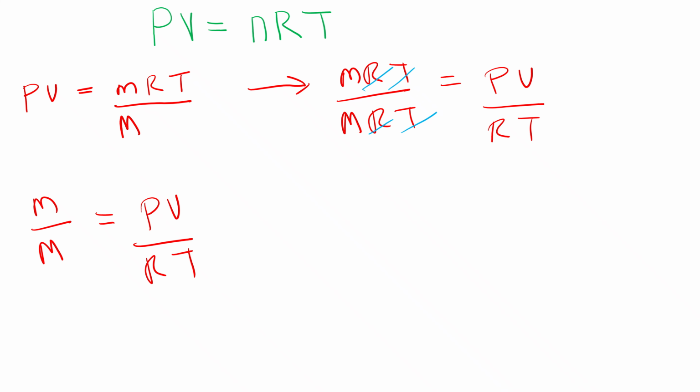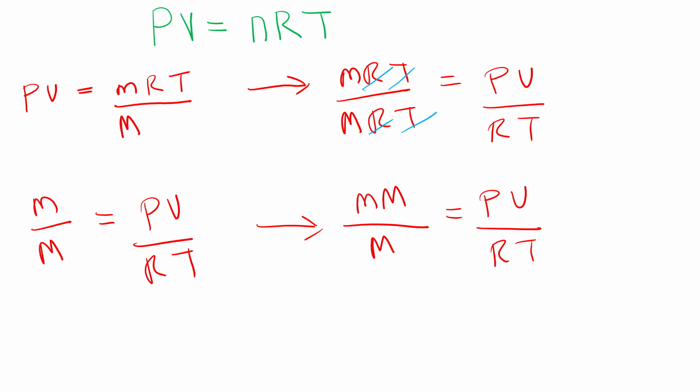Now all we need to do is cancel out the molar mass on the left-hand side of the equation. And to do that, because we divide by the molar mass in this version of the equation, to cancel out we must multiply by the molar mass. So lowercase m times capital M over capital M equals P times V over R and T. We can cancel out the molar mass on the left-hand side of the equation, like so, but we also must multiply by the molar mass on the right-hand side of the equation by putting it in the numerator.